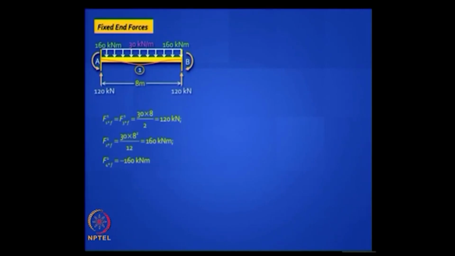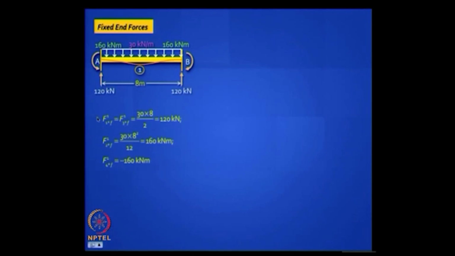UDL in the first element, WL squared by 12 are your fixed end moments. Your vertical reactions will be total load, which is in this case 30 into 8 divided by 2. So these are easy to work out, but you should use the right notations. You have 120 kilonewton, 120 kilonewton acting upward.